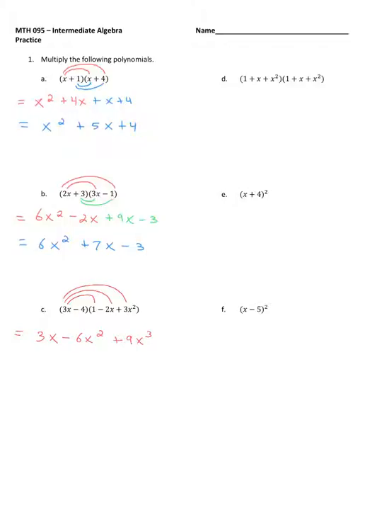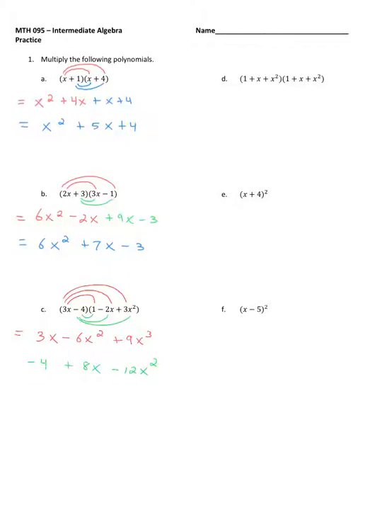I then repeat this now with the negative 4. Again, that gets multiplied to those 3 terms. I'm going to run out of room, so I'm going to place this below a little bit. We get negative 4 plus 8x minus 12x squared.